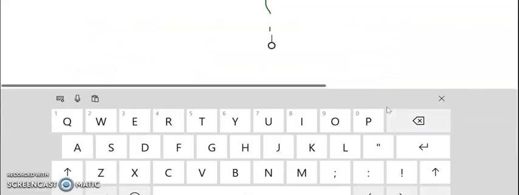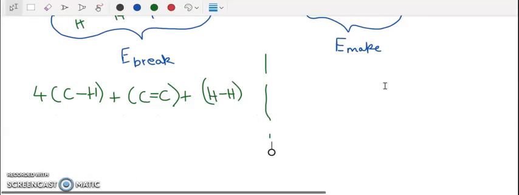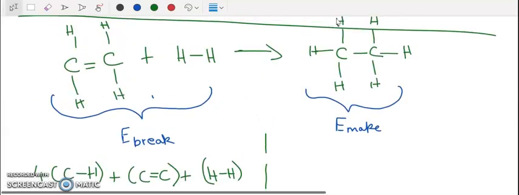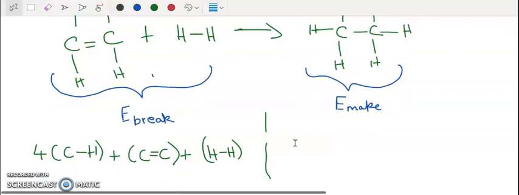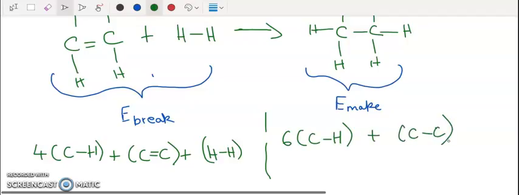And on this side, we've got one, two, three, four, five, six C single bond H, and we've got one C single bond C.